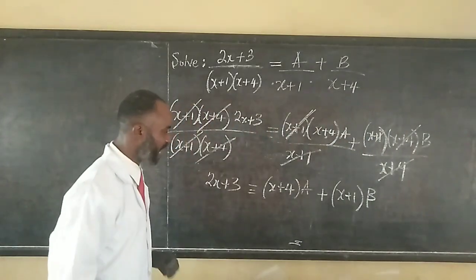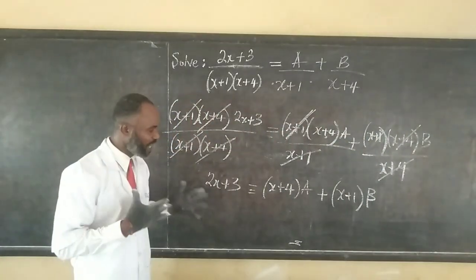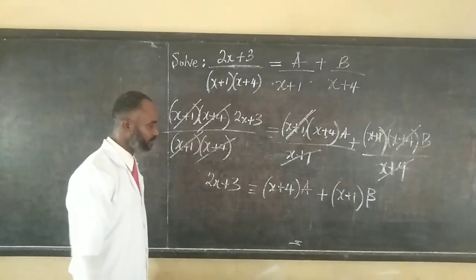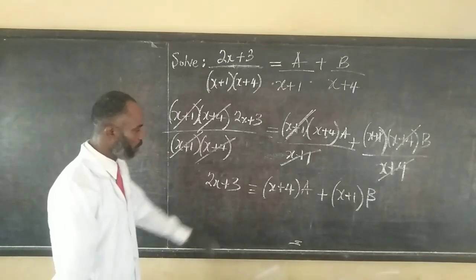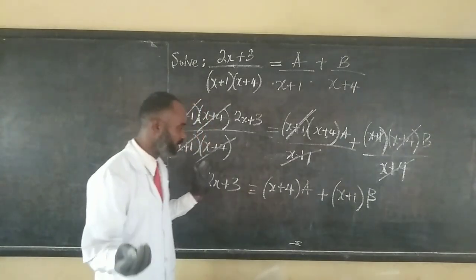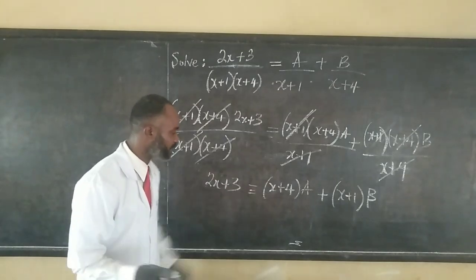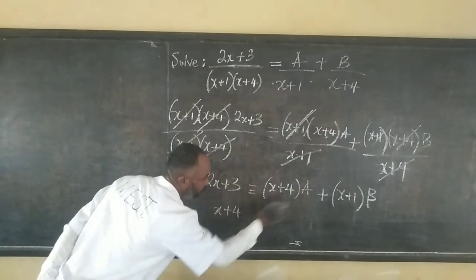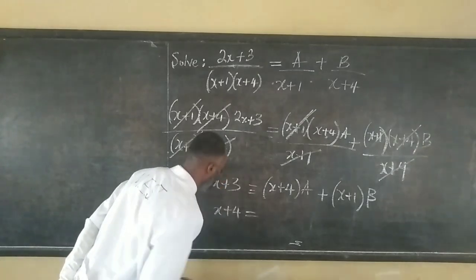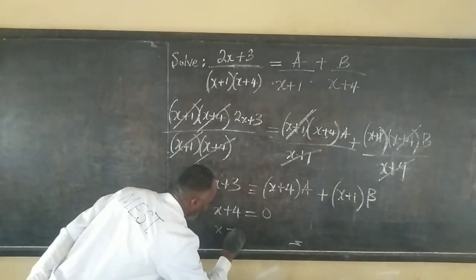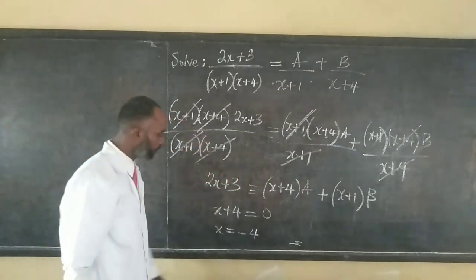So how do we do that? How can we find the values of these? If we want to find the value of A or the value of B, choose any one. So we choose x plus 4. If we set x plus 4 equal to 0, it means that x is equal to minus 4 at this point.